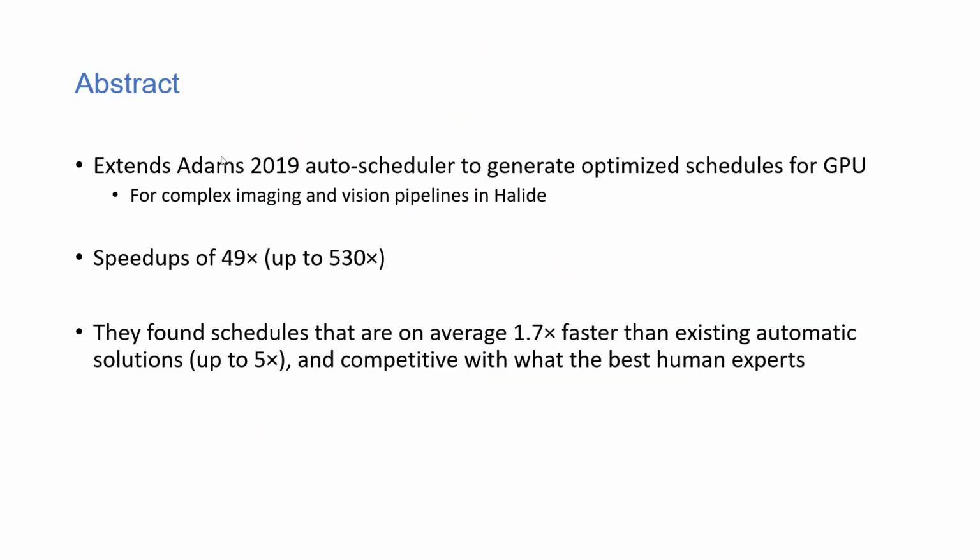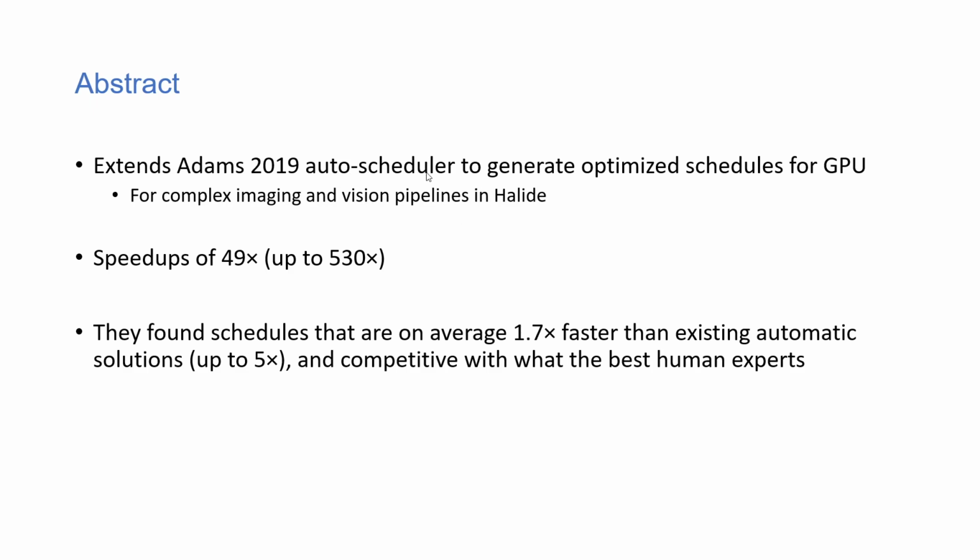As mentioned before, this work extends the Halide 2019 autoscheduler from Andrew Adams, which is under reference of the paper. Also for Halide, there are very good tutorials on the web. And Jonathan Ragan-Kelley's thesis on Halide should be very good to understand Halide.